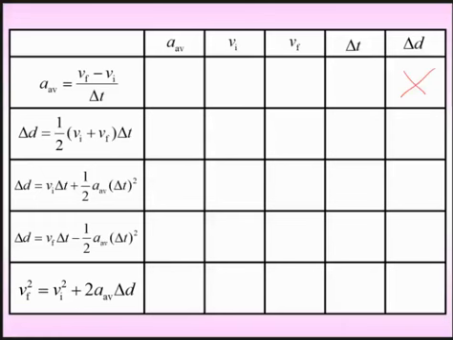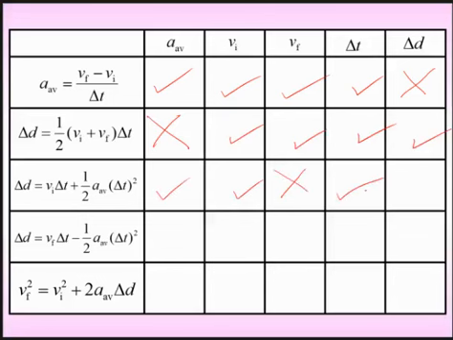And what do you put here? Check. What's missing from that one? Check. What's missing from here? Yes, you're right. Check. What's missing from here? Vi. Time, where is it? Right.